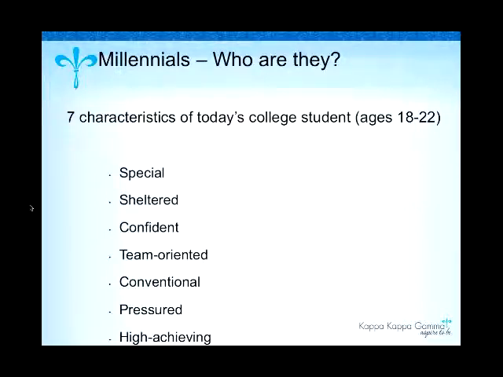Some of you may be millennials. The millennial generation starts with 1980, so that is the millennial generation that we are speaking of now. And these students have changed the way we do things on campuses.